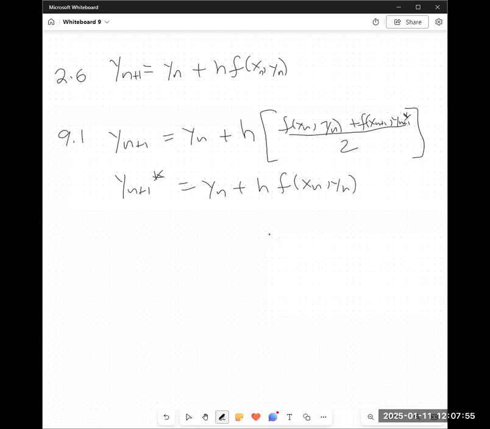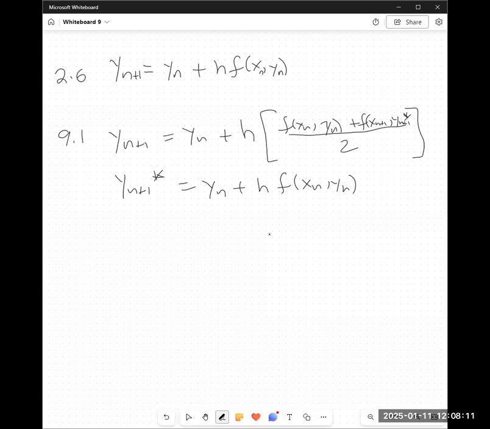It's that same formula as before, but we're continuing to use these new, better calculated values as we go through. So you're not using all of the old y values. That's not what it is.